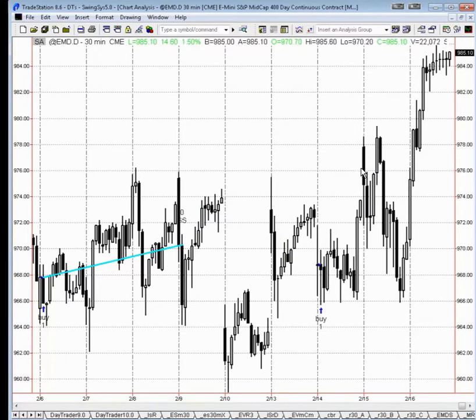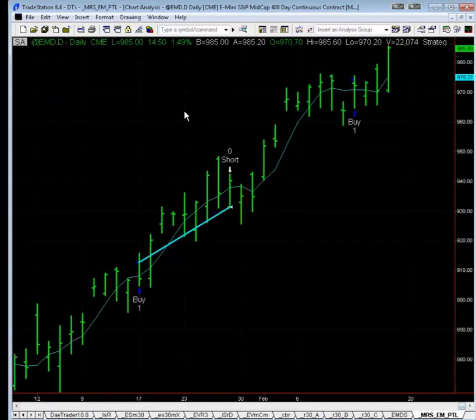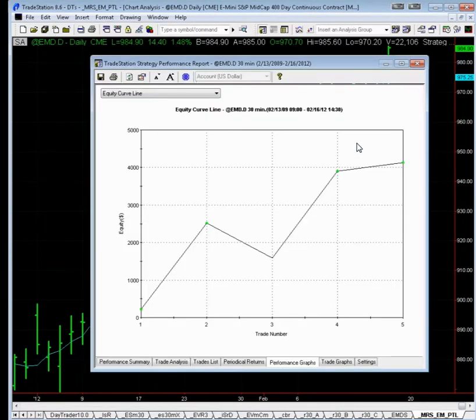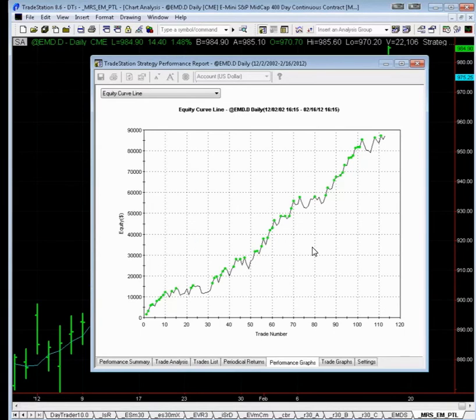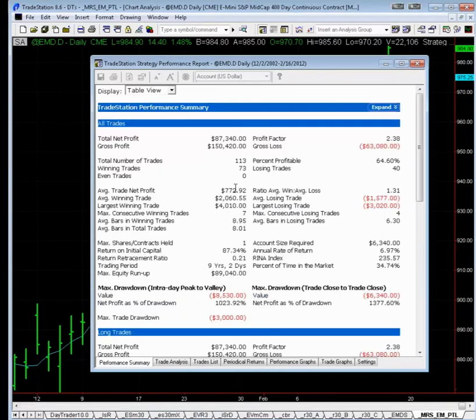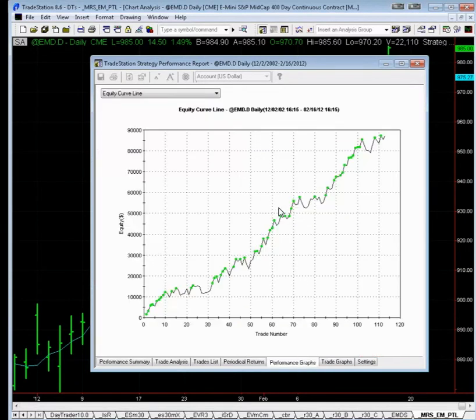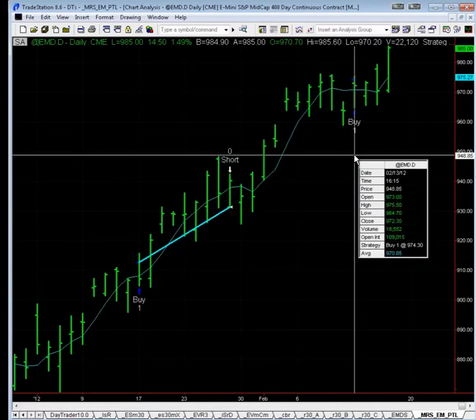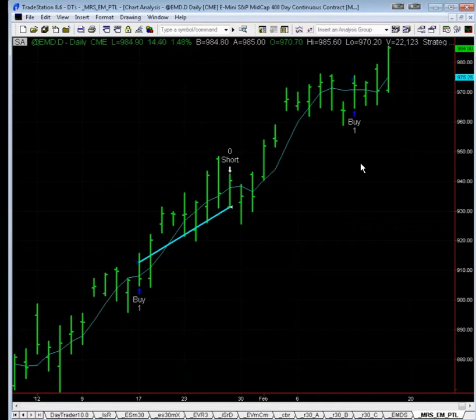Not a bad move for a couple days' work in the Swing System 5.0, but we're actually looking for the MRCM PTL, which you can see is a slightly better version of the MRCM because you're making $800 average trade, but your drawdown is only $6,300 and $87,000, so not too bad. And it's in a long as well, 974.30. So a nice 10-point gainer for the MRCM PTL.